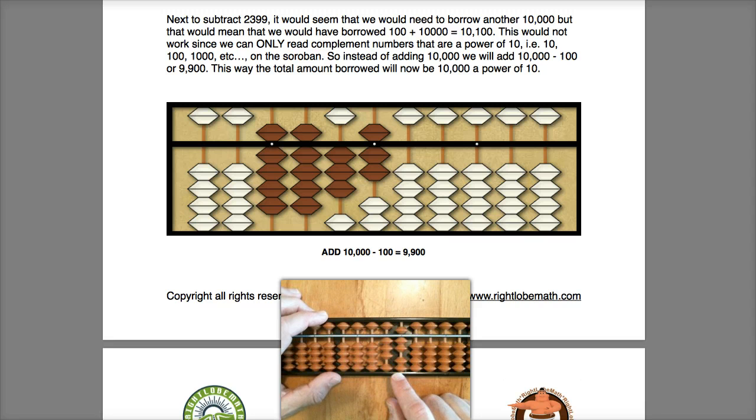So instead of adding 10,000, we'll add 10,000 minus 100, or 9,900. This way, the total amount that we borrowed will now be 10,000, which is a power of 10. So I'm simply going to add a couple of 9s there so that we can continue our problem.